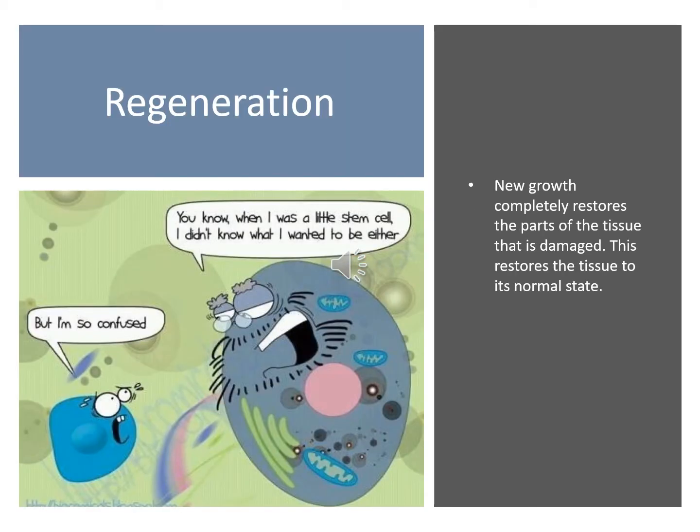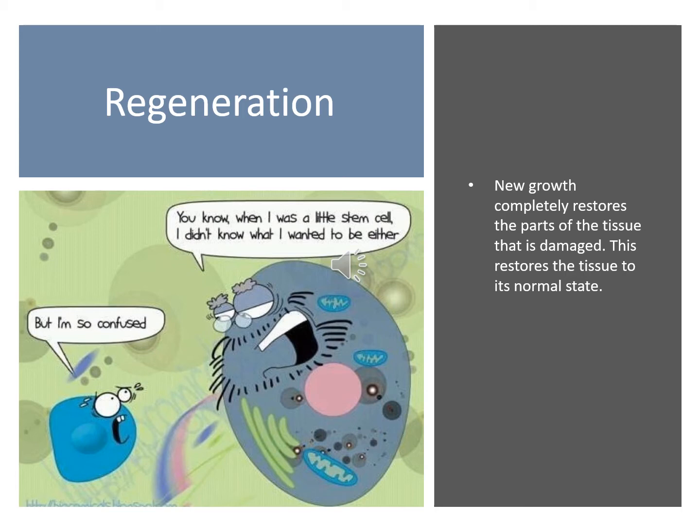This regeneration process is quite self-explanatory. So hopefully we'll get this new growth, and that new growth of cells and tissue should completely restore any part of the tissue that has been damaged to its normal state. So that's really, really important when we look at tissue regeneration that has been successful, that we're looking at that tissue being restored to its normal state.